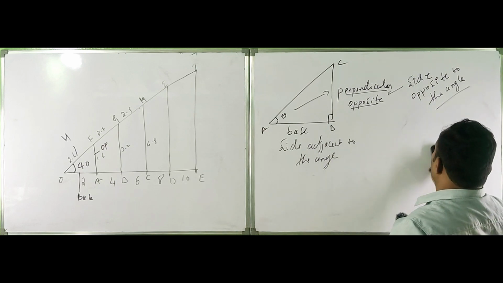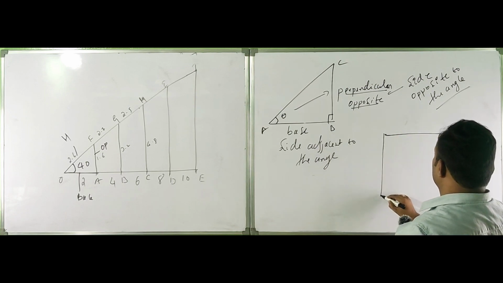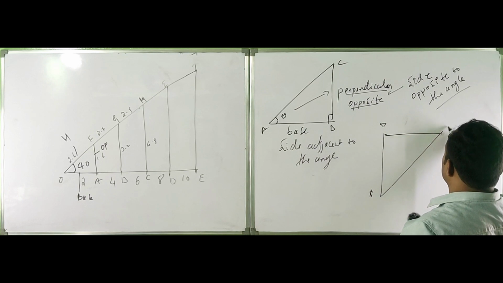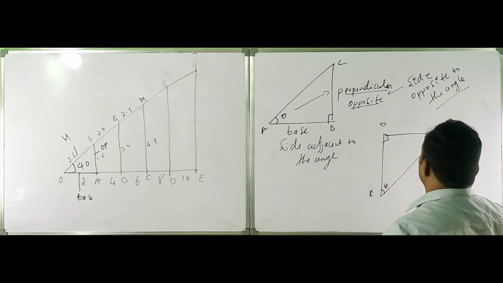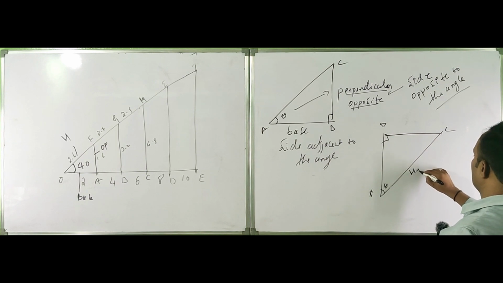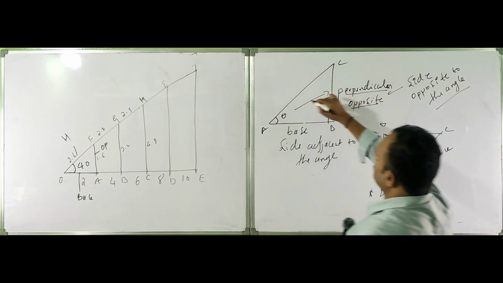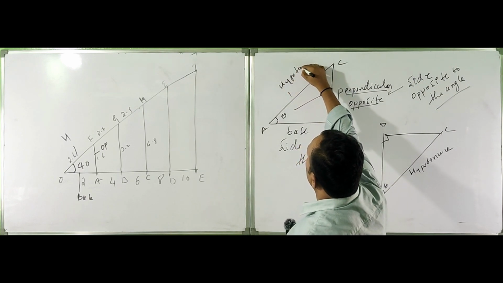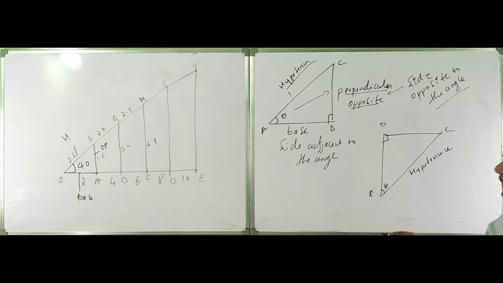Make the right angle triangle, wherever it may be. A, B, C. If I am making theta here, again this is the 90 degree, and this is the hypotenuse.